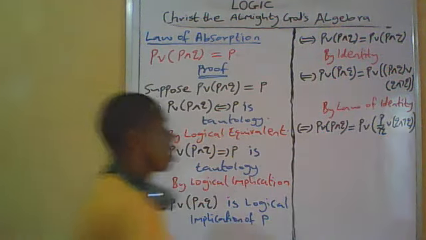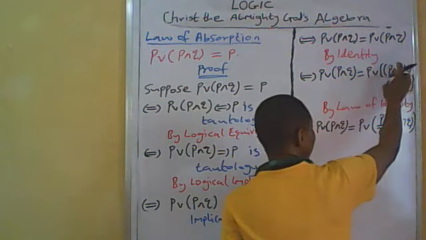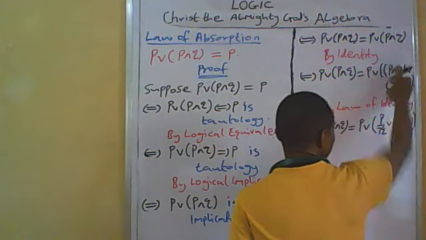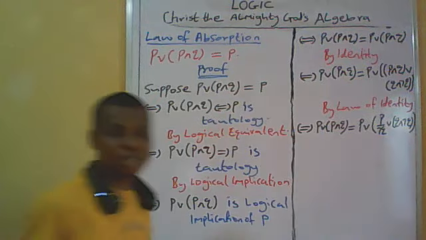Now we have this P and Q, the conjunctive statement, which has now been transformed to a conditional statement.